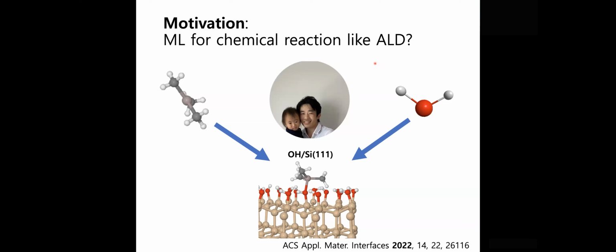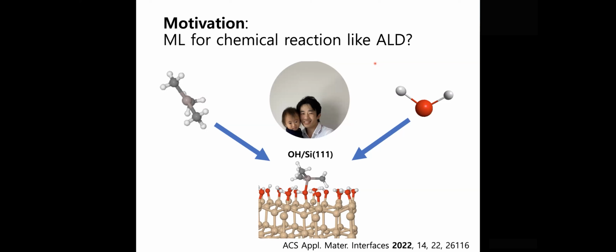Everybody wants to use machine learning, so we were also curious about the power of machine learning. In this particular case, we tried to think about whether machine learning can really be used for chemical reactions like ALD, atomic layer deposition reactions. In the figure, as you can see, here is the silicon 111 surface, hydroxyl terminated. Basically, ALD is composed of consecutive chemical reactions to create really fine surface layers.